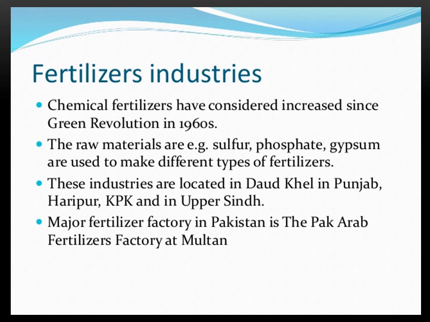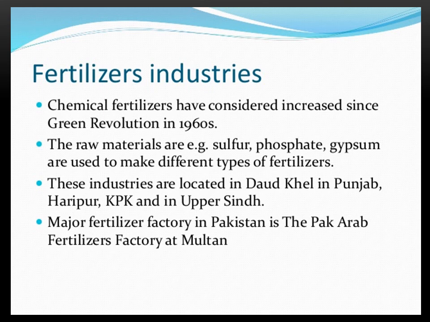Various raw materials, for example sulfur, phosphate, gypsum, are used to make different types of fertilizers. After its discovery in Pakistan, natural gas became the main raw material. Faisalabad and Daud Khel in Punjab, Haripur in Khyber Pakhtunkhwa, and Dharki in Upper Sindh are the main locations.